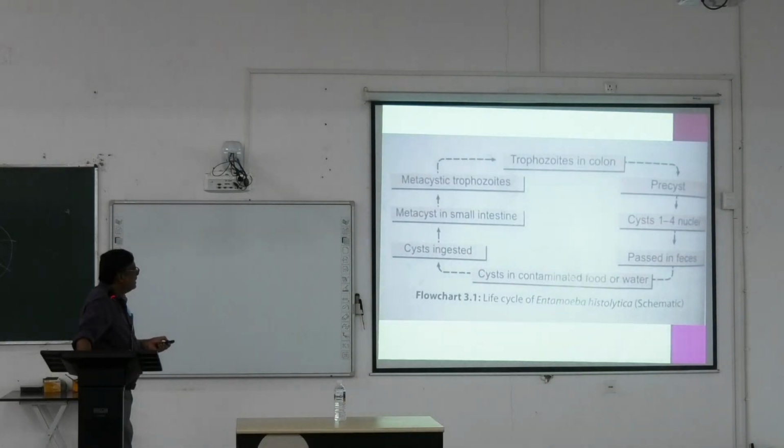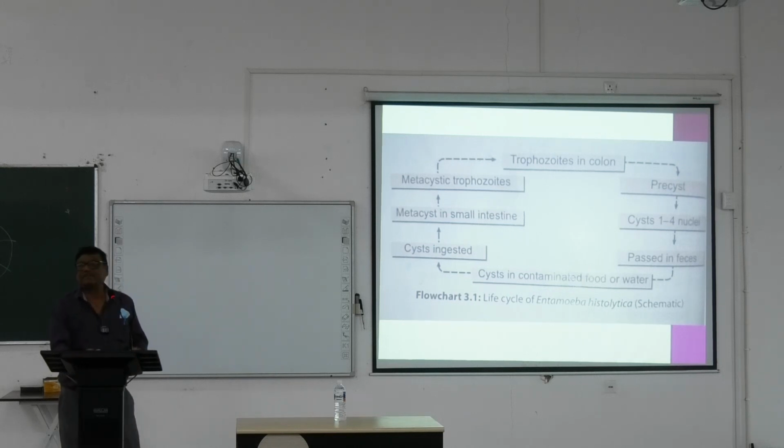So, contaminated food and water, cysts ingested, metacyst in the small intestine, precystic form, metacystic trophozoite, the earlier phase of trophozoite, and trophozoites in the colon. This is the area where multiple small ulcers are produced by Entamoeba histolytica. The precyst forms cysts, 1 to 4, and pass in the feces again.